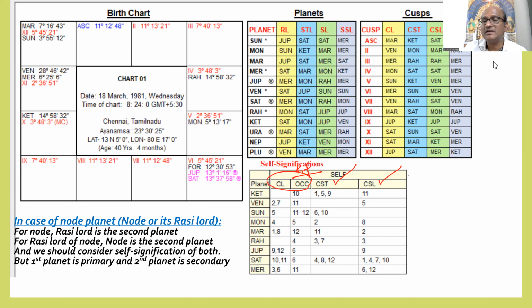You will have a doubt, sir. In KP, we take the cuspal sublord to know the destiny prospects. For example, to know the marriage prospect, we take the seventh cuspal sublord. To know the progeny prospect, we take the fifth cuspal sublord. To know the professional prospect, we take the 10th cuspal sublord.